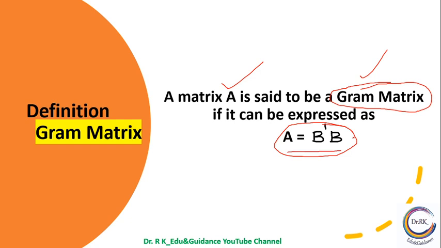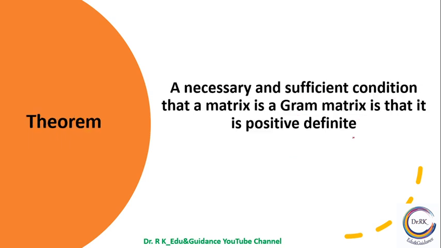So this is very useful for short answer kind of questions. Here we have one related property. A necessary and sufficient condition that a matrix is a gram matrix is that it is positive definite.